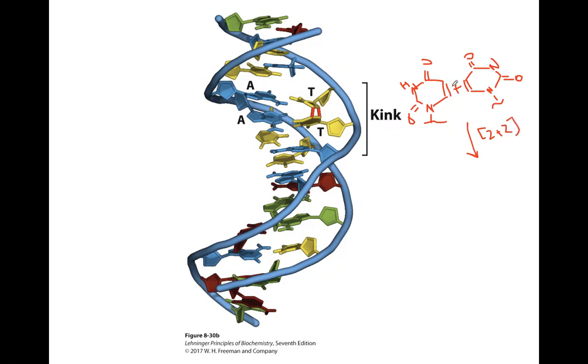It's a 2 + 2 cycloaddition, where these electrons come this way, and these electrons come this way, and you will form a cyclobutane. Cyclobutane like this. So it's a covalent bond formed within DNA, which causes DNA damage, and it's irreversible.